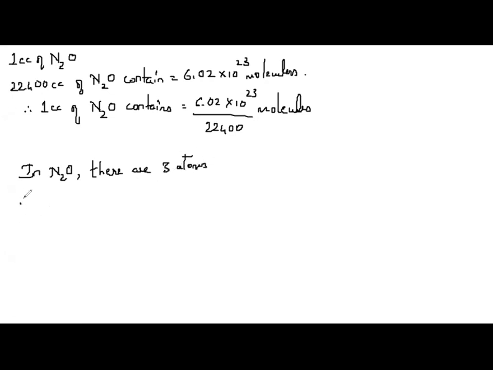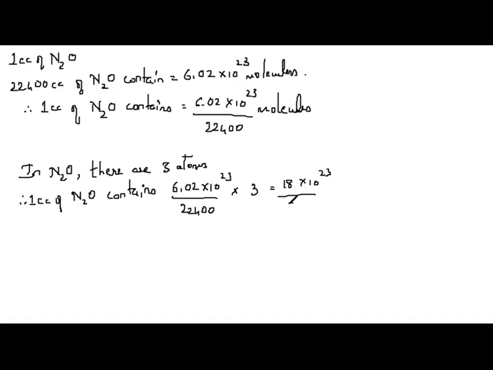So I can write, therefore, 1 cc of N2O contains 6.02 into 10 raised to 23 divided by 22,400 into 3 atoms. 6 3s are 18 into 10 raised to 23 divided by 22400 into 10 raised to 2.